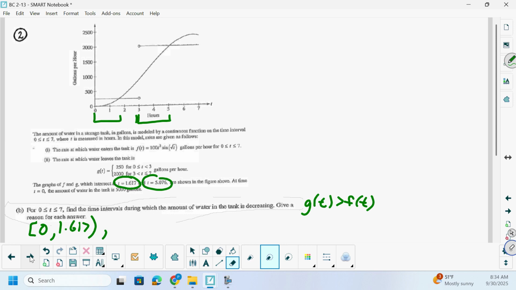And then another interval starting at 3 and going to 5.076.